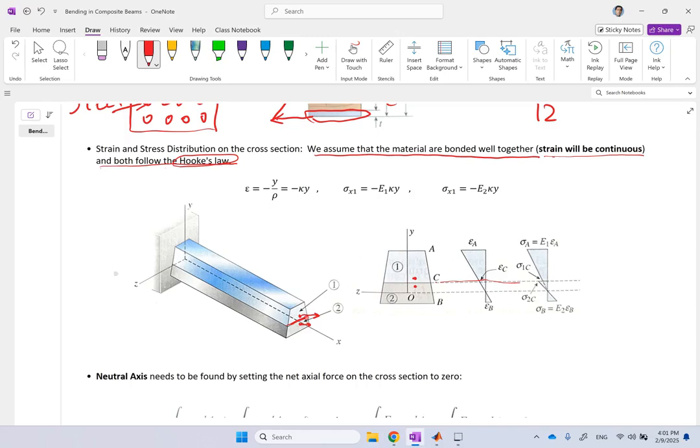Okay, now how, we'll see. If we say that material 2 is the stronger material and material 1 is the weaker material, then of course, because the stronger material has a bigger E, you're going to have a smaller strain. So the strain is going to go like this, small, right?